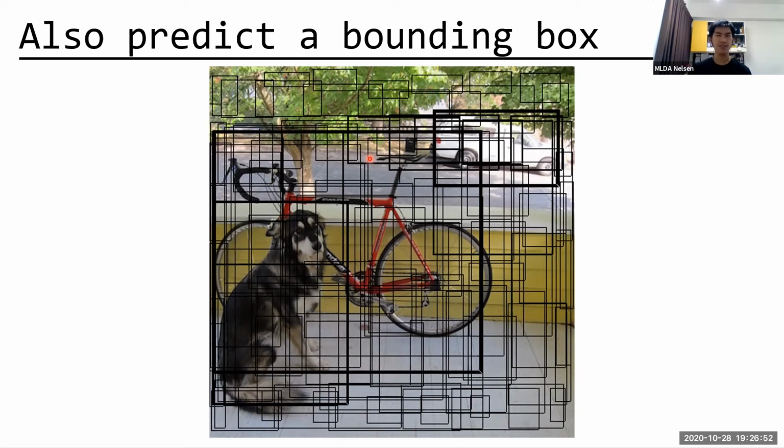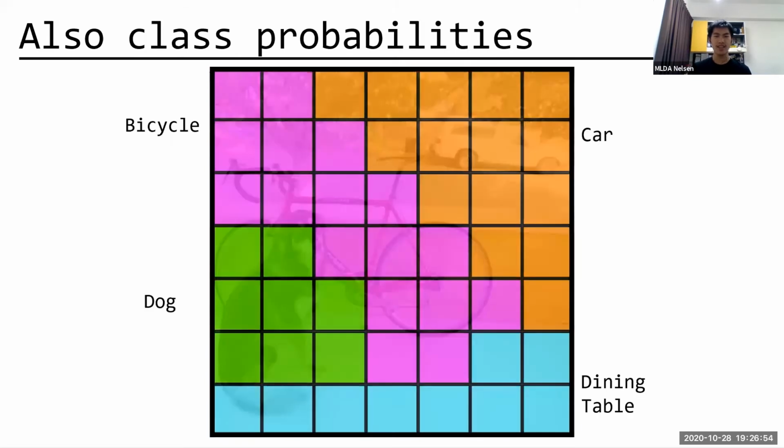So what are class probabilities? Class probabilities are the probability of whether that specific grid contains a specific class. So it does not have a correlation with the object yet. It just tries to see the probability of that specific grid being a car, a bicycle, a dog, or a dining table, or any sort of class that we have.